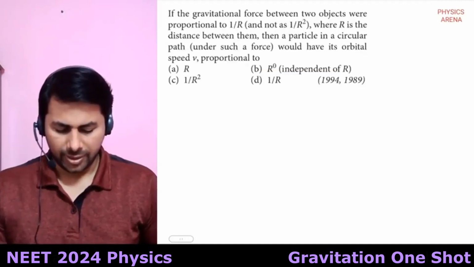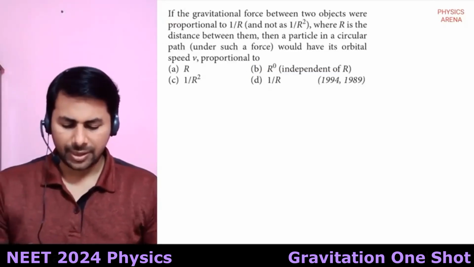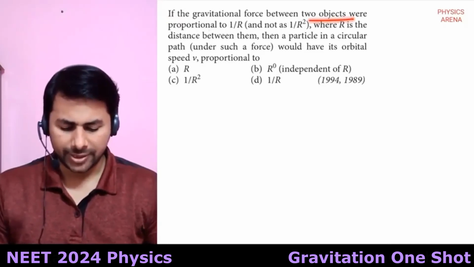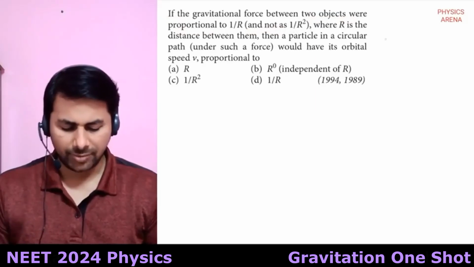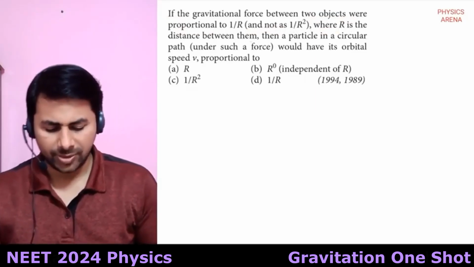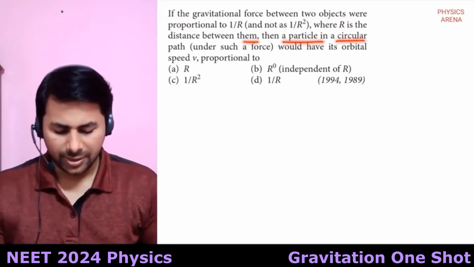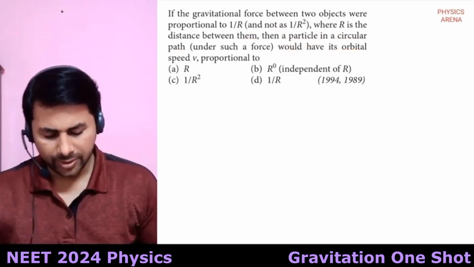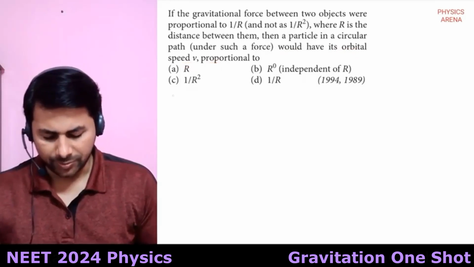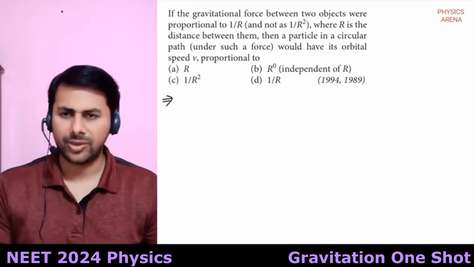Okay. Let's see next one. If the gravitational force between two objects were proportional to 1 by r and not as 1 by r square, where r is the distance between them, then a particle in circular path would have its orbital speed v proportional to. Tell me this one.